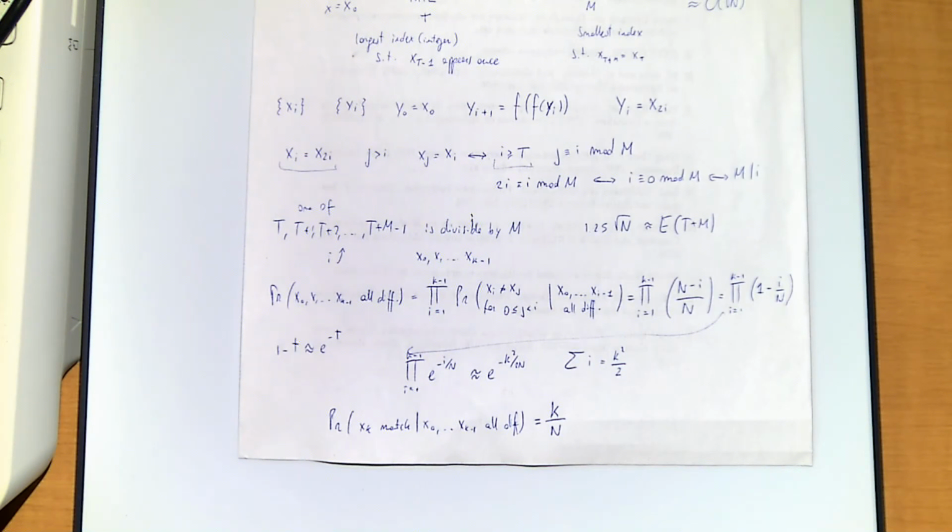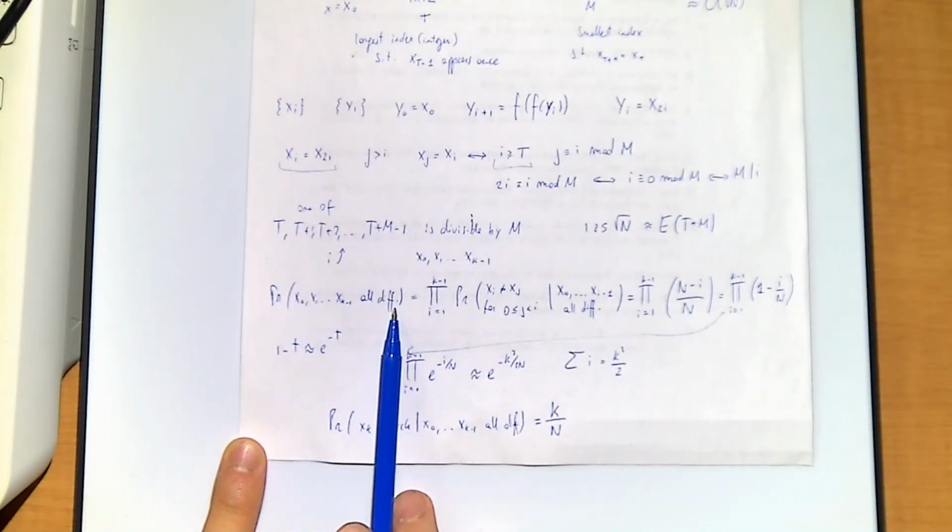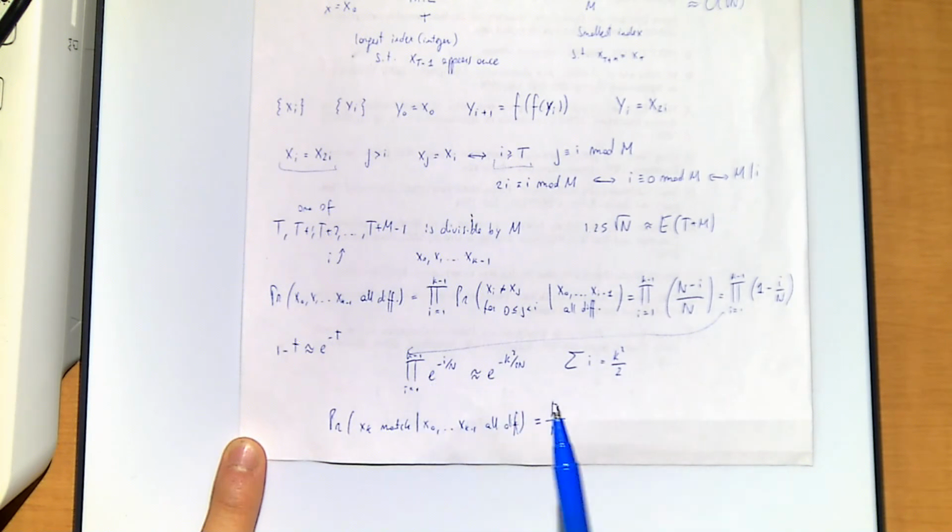Because we have exactly k elements to match, right? And so if we put the two things together, here we assume that the probability is all different, is this one, is this one.